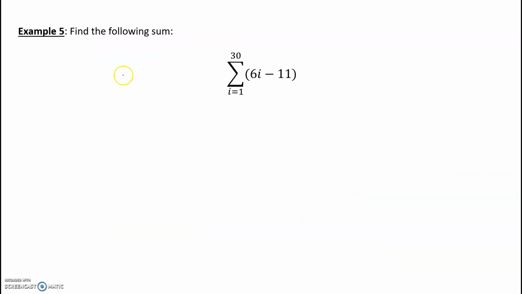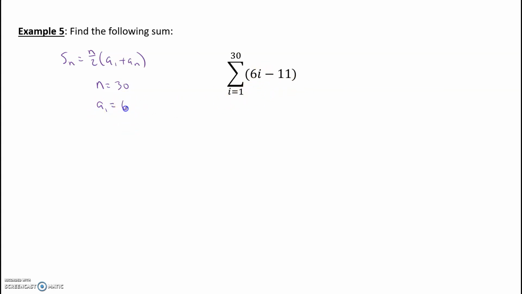Same concept here. You still need the same information, right? It's still the same formula. S of n equals n over 2, add the first term and the last term, right? So we need n, 1 to 30. 1 to 30 is 30 terms. We need a sub 1. This one we actually have to plug in and find out.